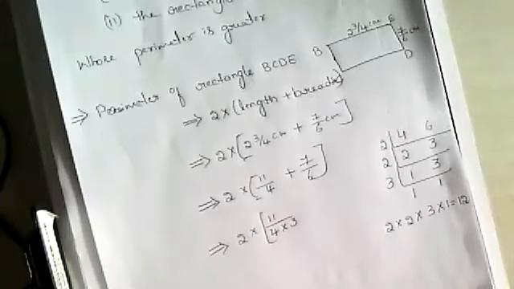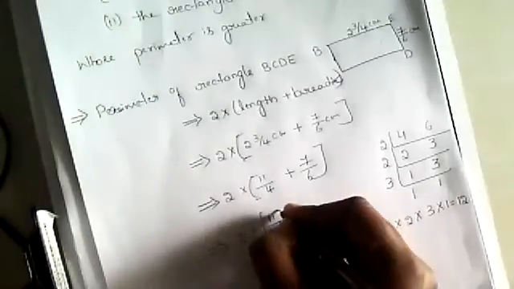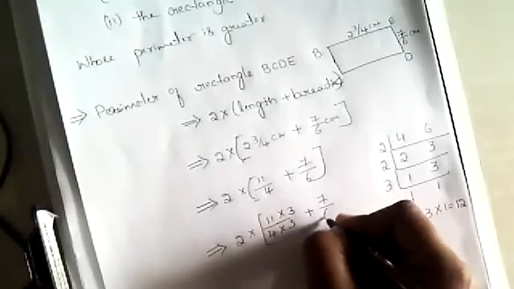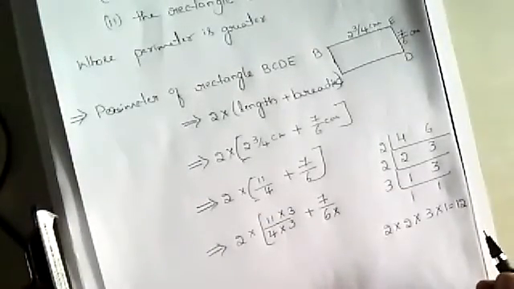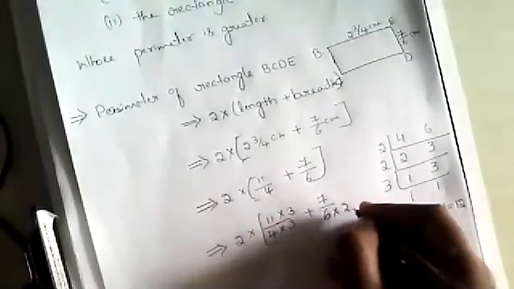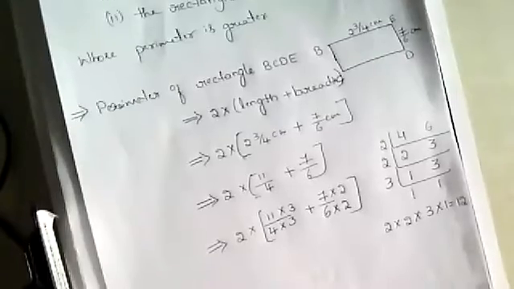And the same 3 I'll copy for the numerator. And then plus this 7 upon 6. In the 6 table, when will I get 12? 6 ones are 6, 6 twos are 12. And the same 2 I'll copy for the numerator. Is this clear?